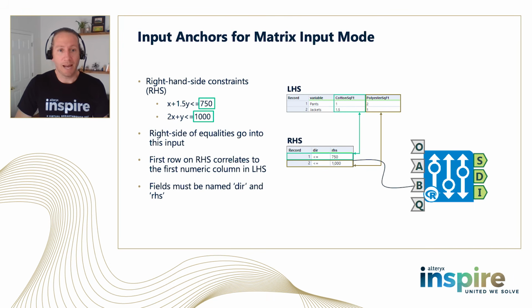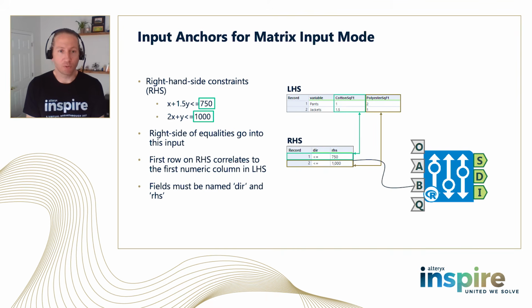And then how that matches up with B is for B, you can see that we have 2 columns, DIR, which is our direction, and RHS, which stands for right-hand side. So the value that's on the right-hand side of the equation.